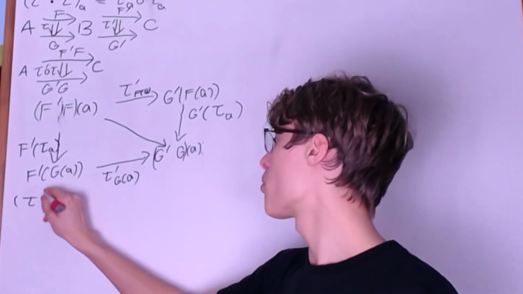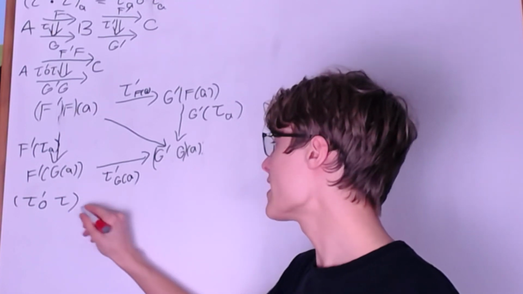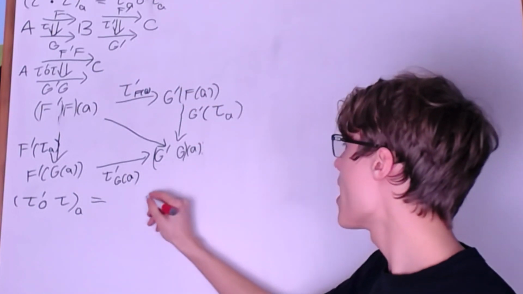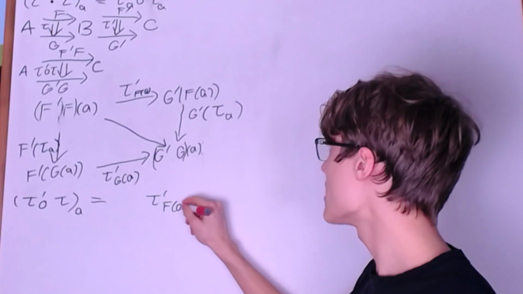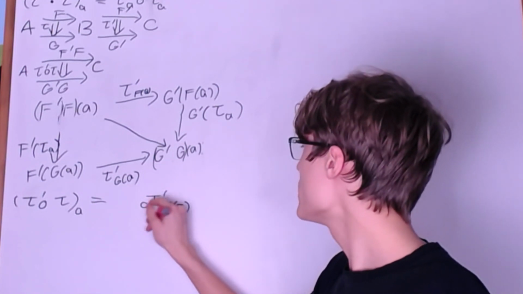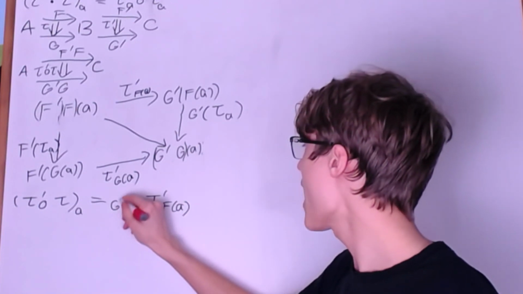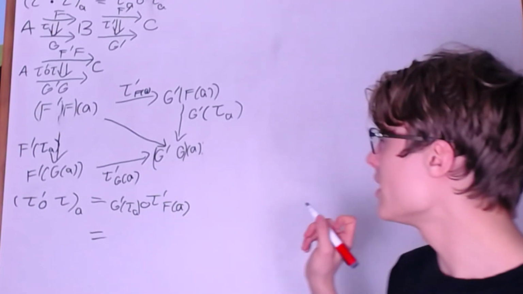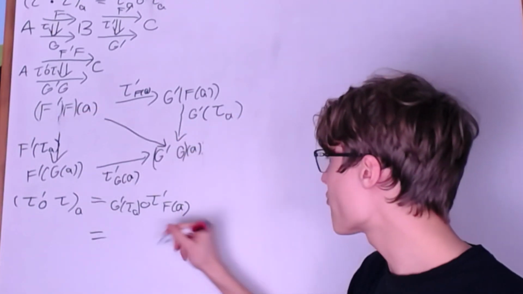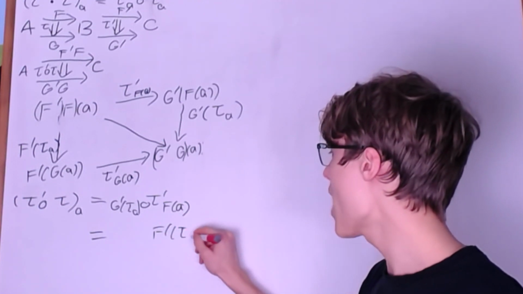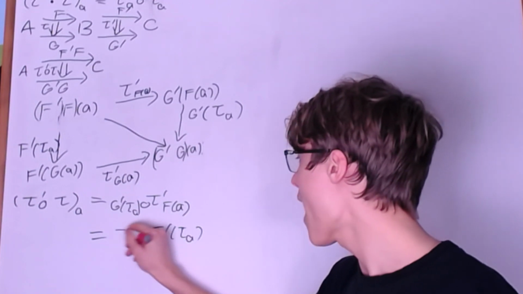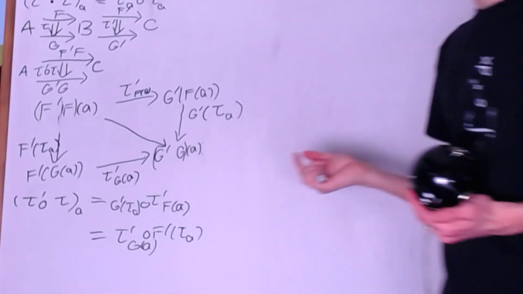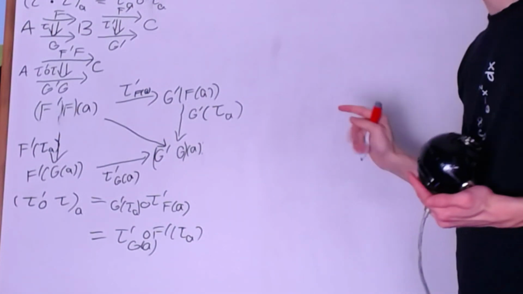So we define tau prime, horizontally composed tau, at a point A, and it's going to be either we do tau prime f of A first, then we do g prime at tau A. So that's the first definition, or equivalently, by the fact this commutes, we could also do f prime applied to tau A first, then do tau prime at g of A.